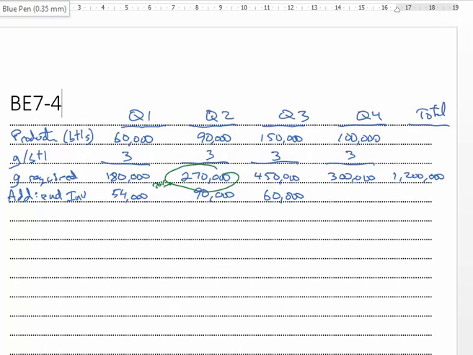We're just in the process of coming up with a materials purchases budget, and we have just looked at the ending inventory here. For the first quarter, 20% of the grams required for the first quarter of the following year: 70,000 bottles times 3 is 210 times 20% is 42,000.